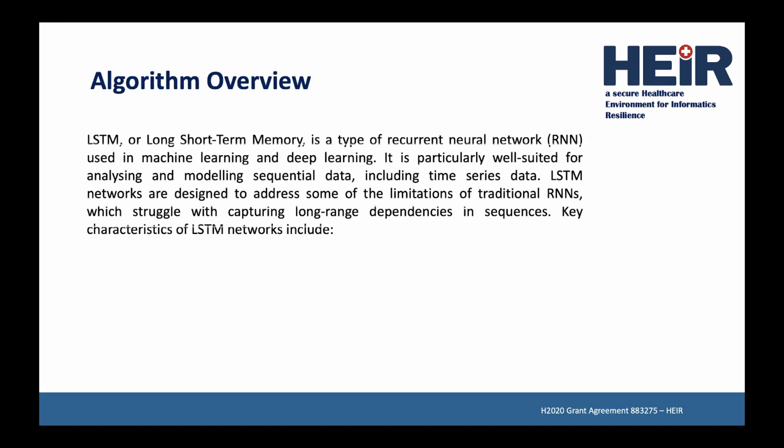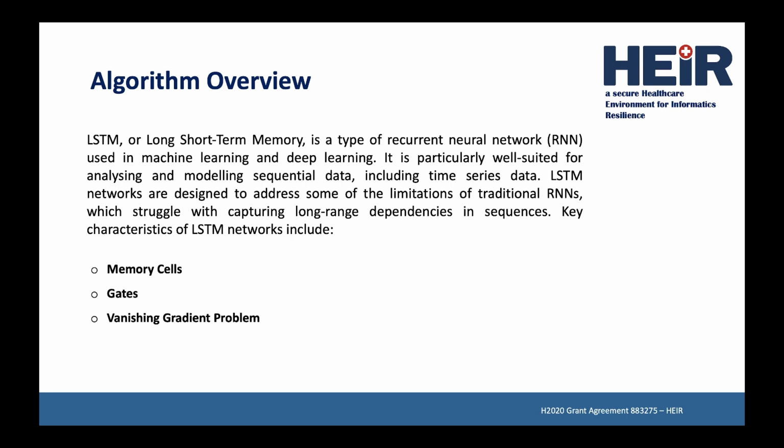Timely anomaly detection is crucial for ensuring the well-being of both the fetus and the mother during labor and delivery. The algorithm used is LSTM, a recurrent neural network type that excels in handling sequential and time series data by effectively capturing long-range dependencies in sequences. LSTM key characteristics include: 1. Memory cells. LSTMs utilize memory cells to capture and retain information over extended durations, enabling them to grasp patterns and relationships occurring at different time intervals. 2.